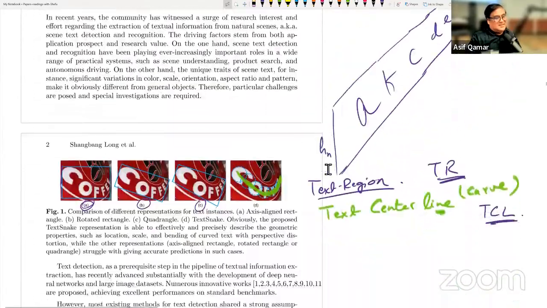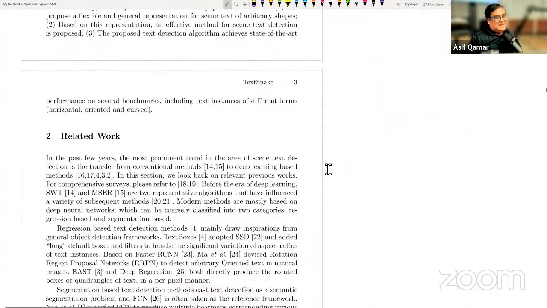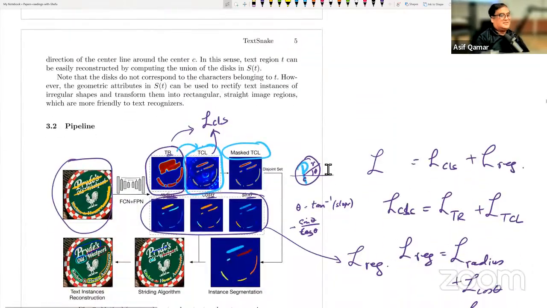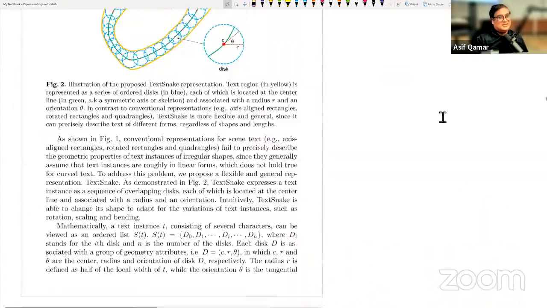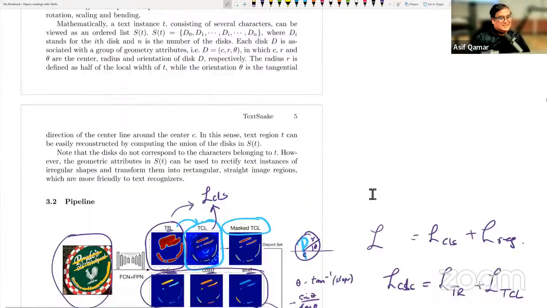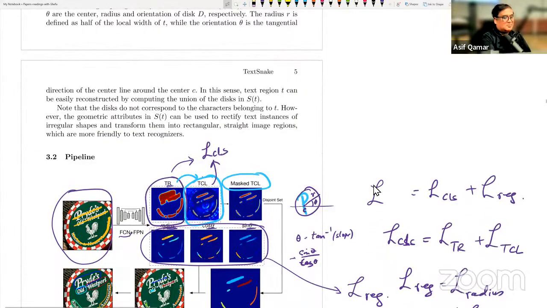They say that they use the idea of this. So guys, this idea you understood, right? That any text can be captured by a series of disks in a snake form, right? Then now you understand why we are talking about FCN and FPN, fully convolutional network and feature pyramid network, putting the ideas together.